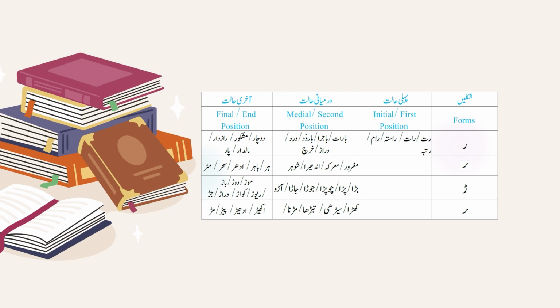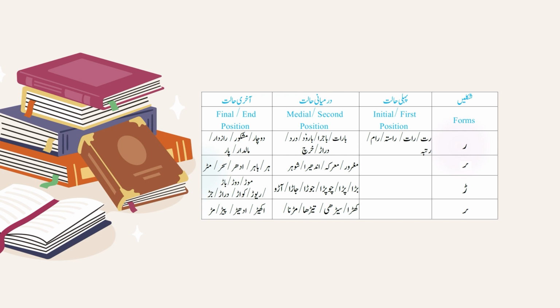We know that the alphabets belonging to the Dal and Ra group do not change their shapes in the initial or first position. They always come in full form in the initial position. They change in the medial and final positions. And third, they come both ways, in their full forms and in their short forms. So we'll see this.